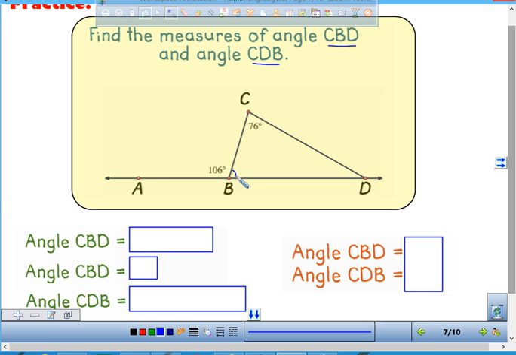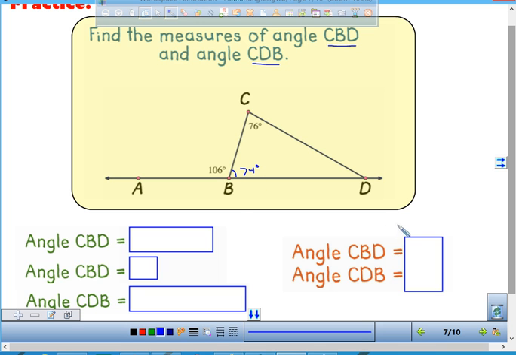How do I find B right there? 76 plus what? It's a 180 now. Look at this. It's a straight line, makes 180. So I take 180 minus 106 and we get 74 degrees.